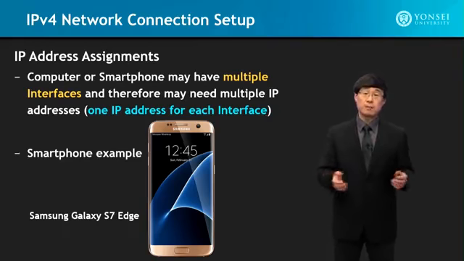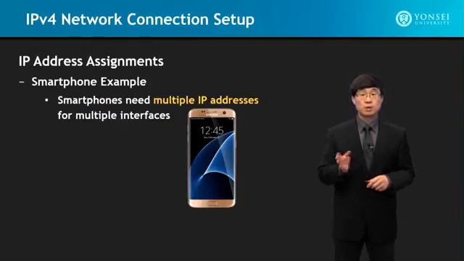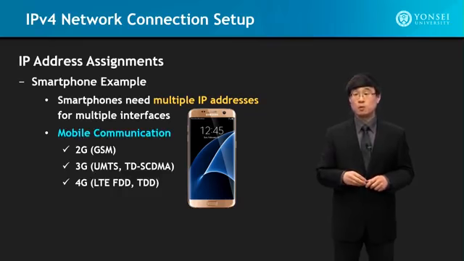For example, let's look at a smartphone here, a Samsung Galaxy S7 Edge device. If you look into this device, it has multiple interfaces. For mobile communication, it has 2G, 3G, and 4G connections.